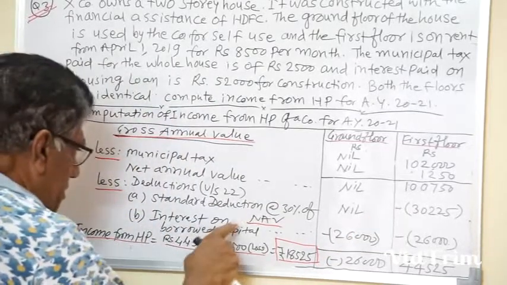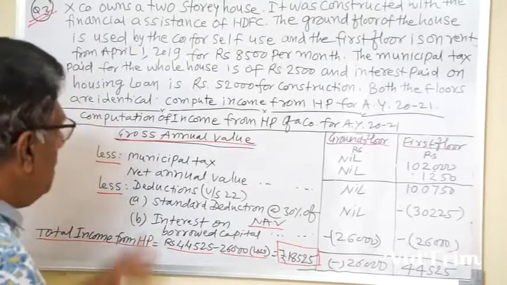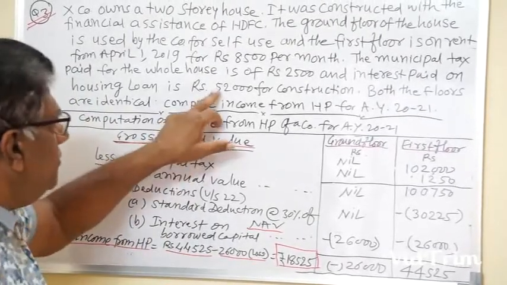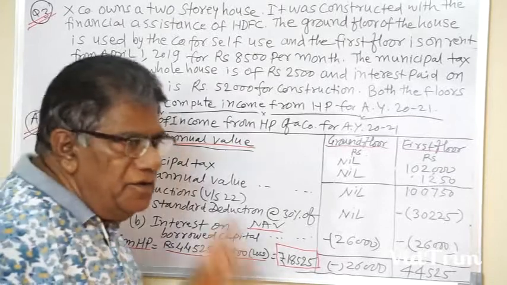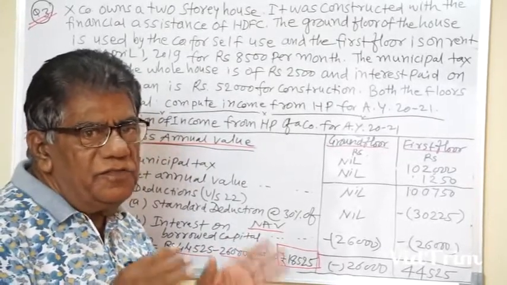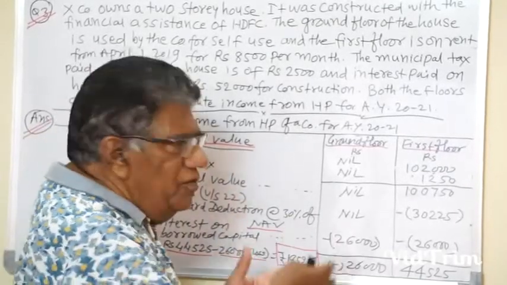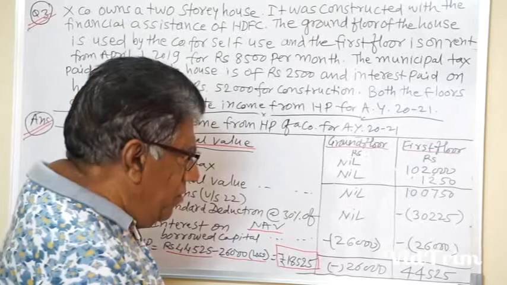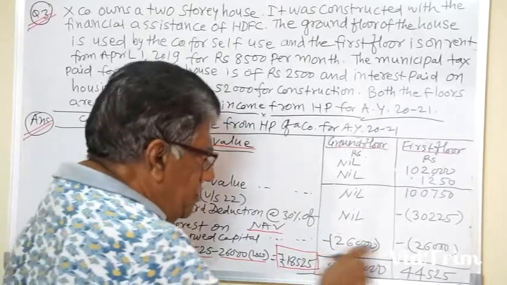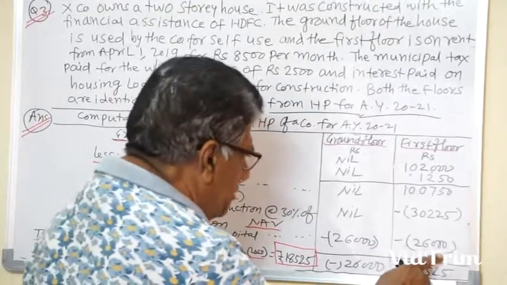Then interest on borrowed capital. The interest on borrowed capital is 52,000. It is for the entire house, which means the ground floor and the first floor. Ground floor is self-occupied, therefore the interest is to be divided equally, 26,000 and 26,000.